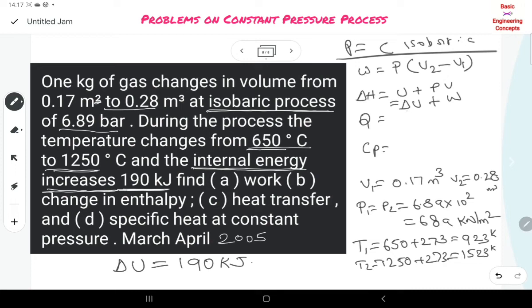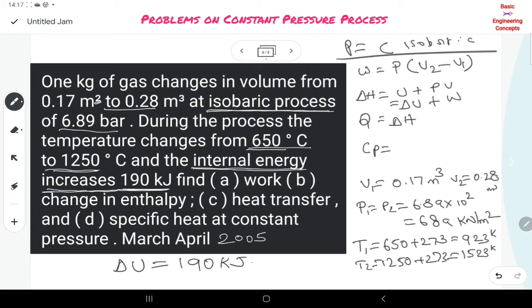Delta U is given here as 190 kilojoules, and work done you calculate here. As in a constant pressure process, heat transfer is equal to change in enthalpy.